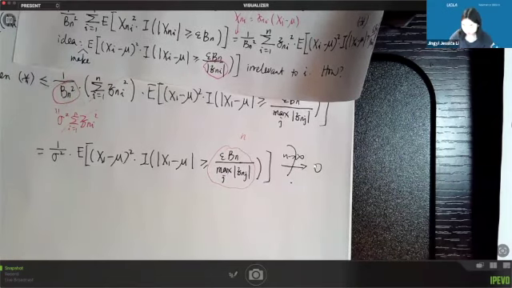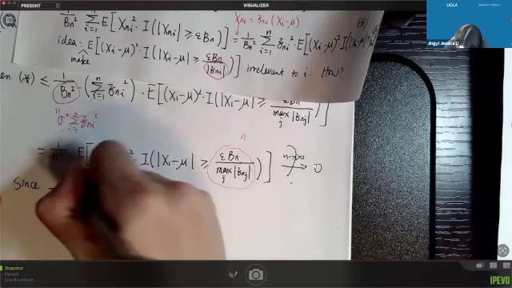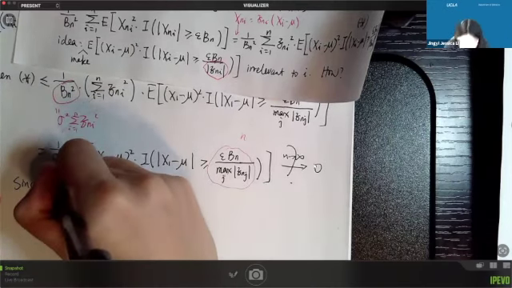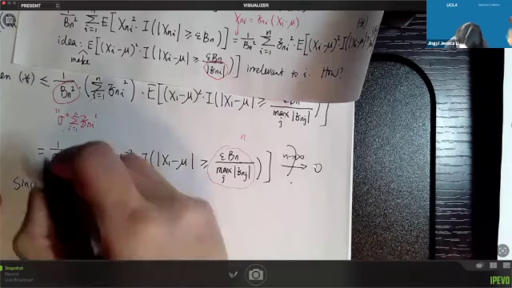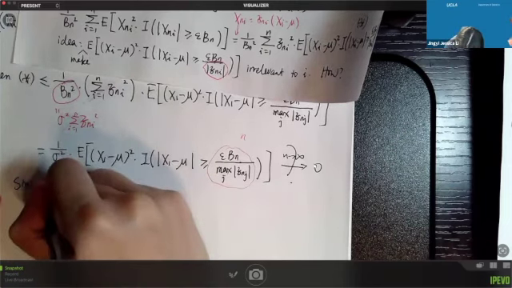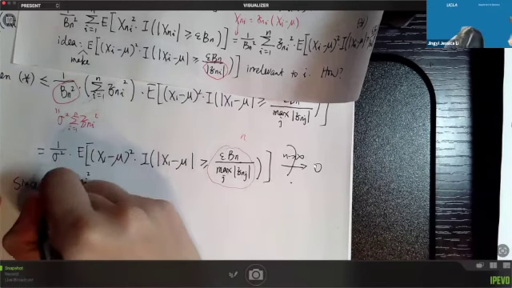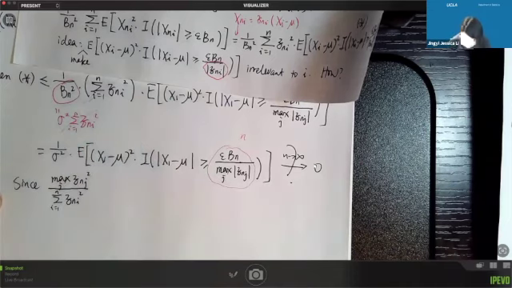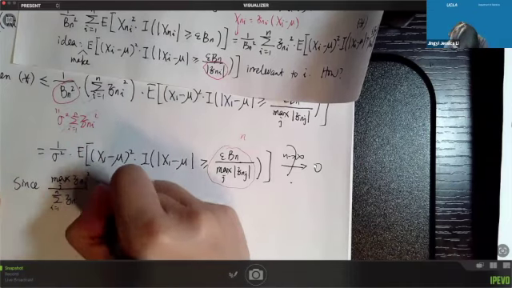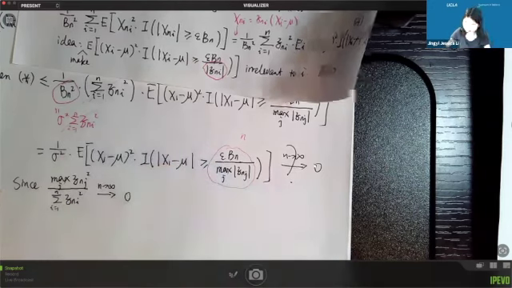Okay, so let's see. Since we have this max j of z_nj squared divided by the sum of z_ni squared, i from 1 to n, going to 0 as n goes to infinity, that's our condition.